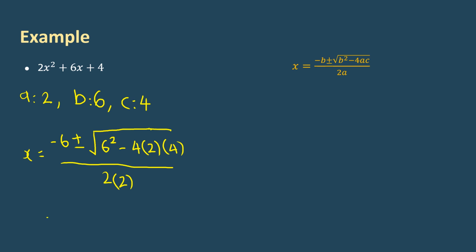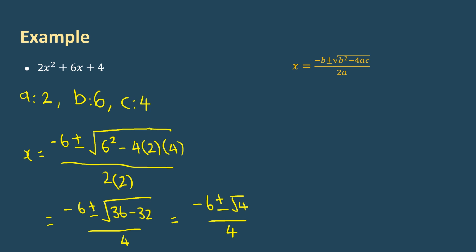So this should give us x equals negative 6 plus minus square root of 36 minus 32, over 4, which equals negative 6 plus minus square root of 4, over 4.